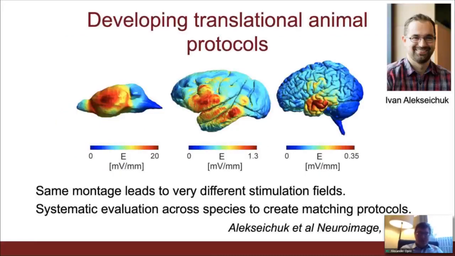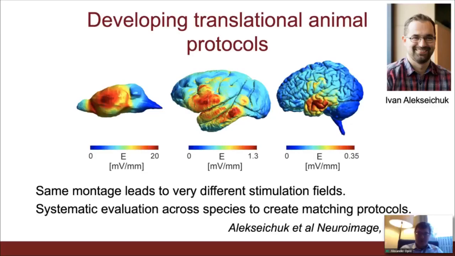And so we were really trying to characterize that in more detail. We have a paper led by Ivan Alexeychuk, where we looked at what the electric field in the brain would be from different non-invasive brain stimulation protocols. The example that you see here on the slide is the electric field from transcranial electric stimulation.